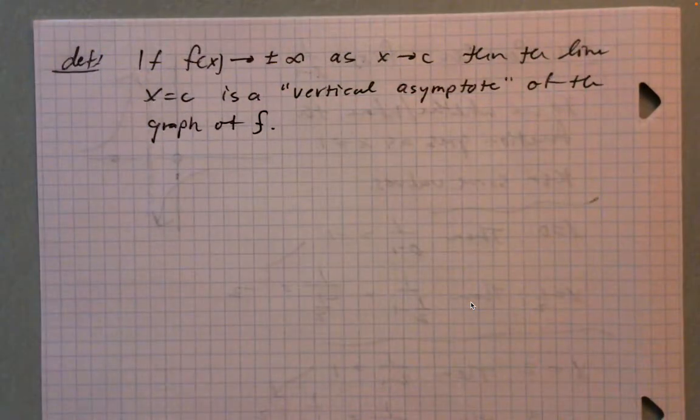Okay. So, as I said, we've been using this terminology, but here's more or less formally the definition. In order for something to be a vertical asymptote, the function has to approach plus or minus infinity as x approaches c. And if that's the case, then the line x equals c, the vertical line, is called a vertical asymptote of the function. All right, so that's all very well and good, all clear.